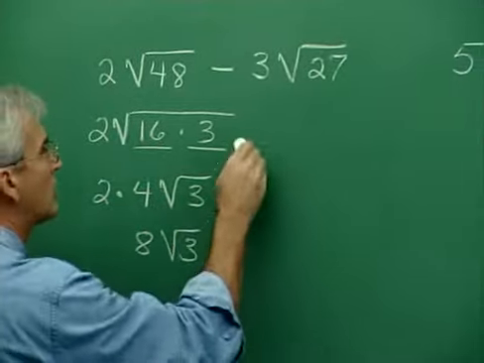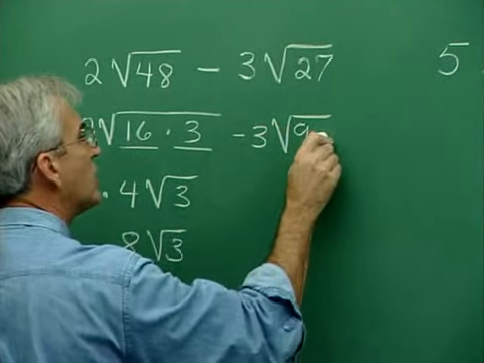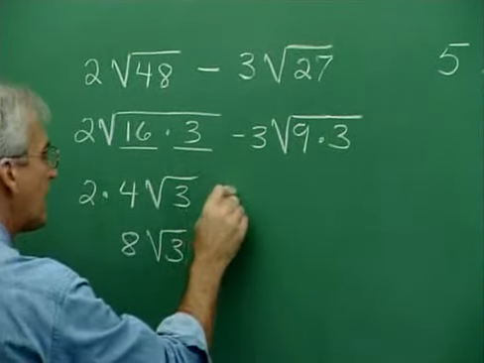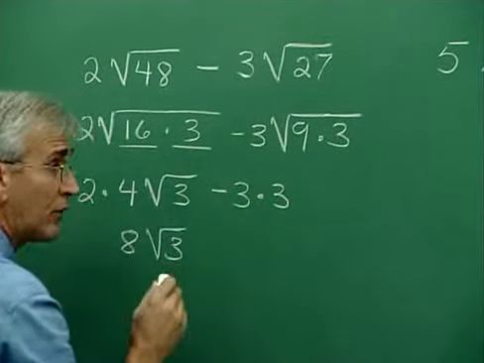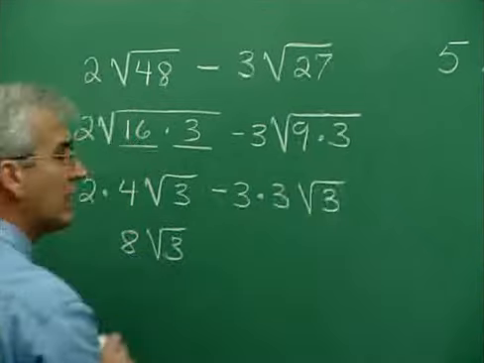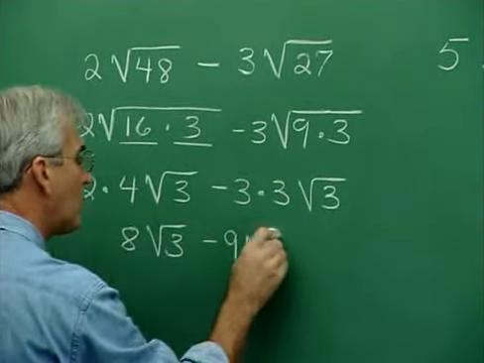Moving over to the other term, we have minus 3, and then the largest square in 27 is 9, so 27 is 9 times 3. This 3 we bring down. The square root of 9 is 3, giving us another 3 factor outside of the radical. This 3 remains under the radical, so we have this. Now, minus 3 times 3 is minus 9, the square root of 3.